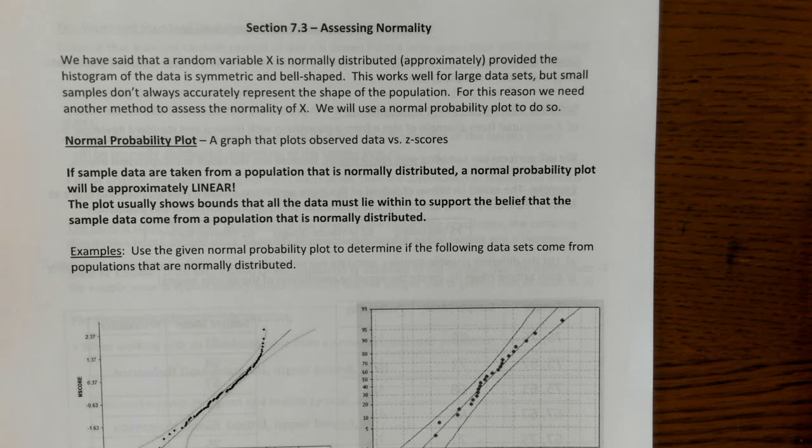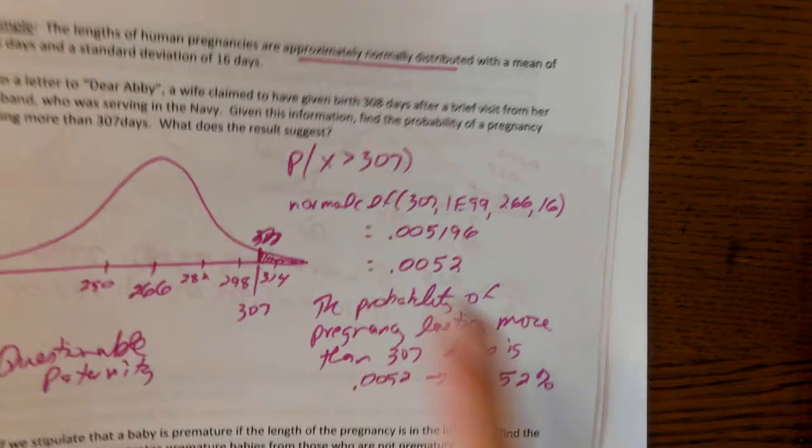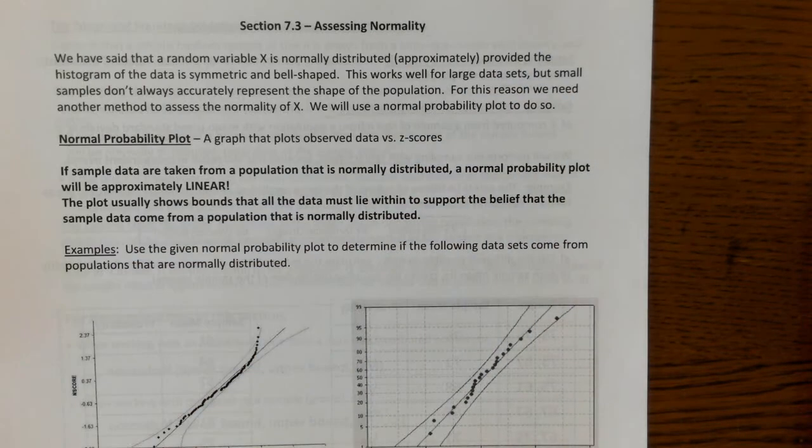There's only been like 40 of them. So that's not a huge data set. We don't know if there's necessarily a normal distribution there or not. So for this reason, if you have a small data set, we need to establish whether or not you're dealing with a normal population. Because if it's normal, we can use our normal CDF, we can use our inverse norm, we can work problems. But we need to know if it's normal or not.